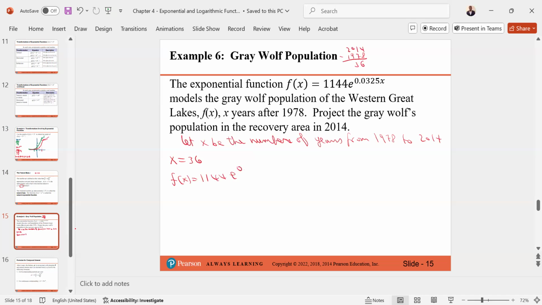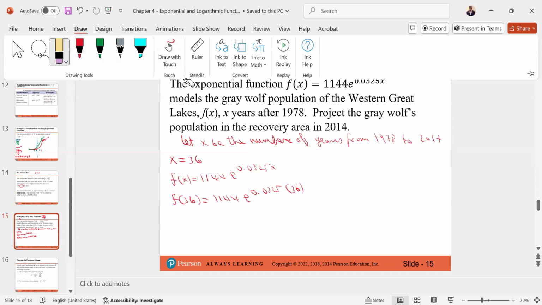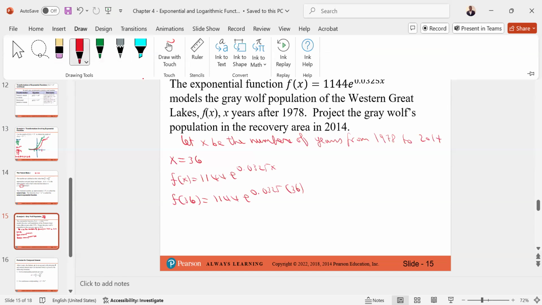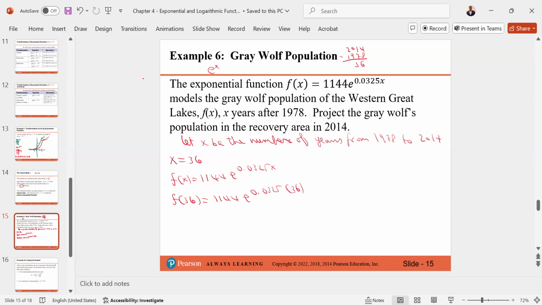So now when you have a function f of x equal 1144 e power 0.0325x, all you need to do is substitute 36 for x in that function. So we said f of 36 equal 1144 e power 0.0325 times 36. In your calculator, you should see that key. There is a key in the calculator, look at that, e power x. That's something you can do.